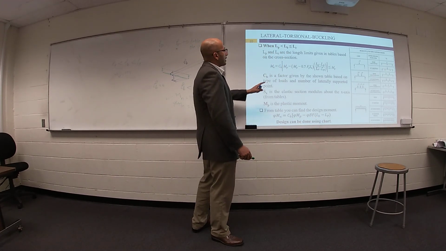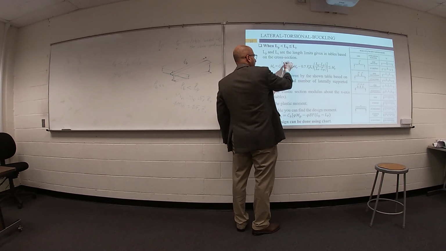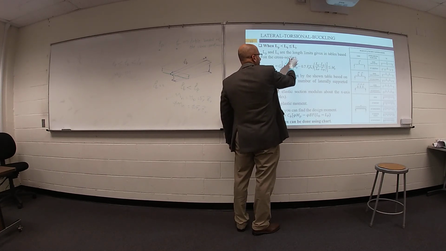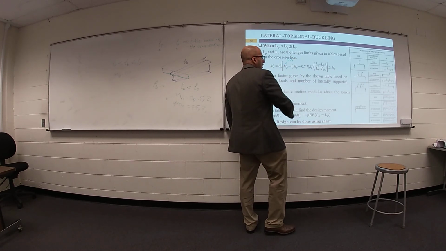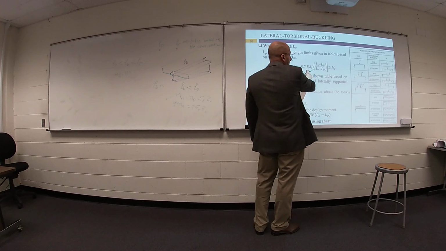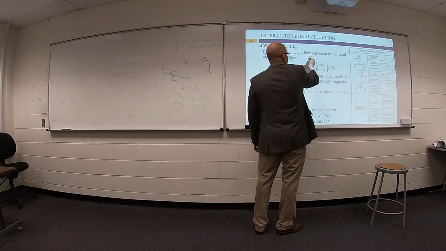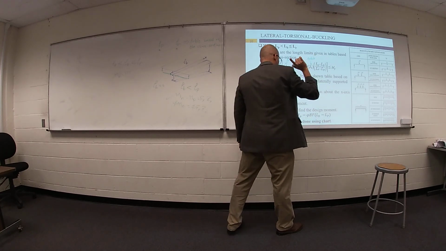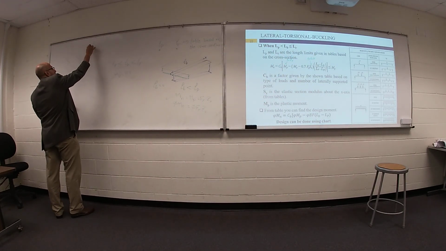First equation, we need a term CB, M plastic equal F yield ZX. MP the same, 0.7 F yield, based on what type of steel, SX from table. We have two terms from your table, sometimes ZX, sometimes SX.